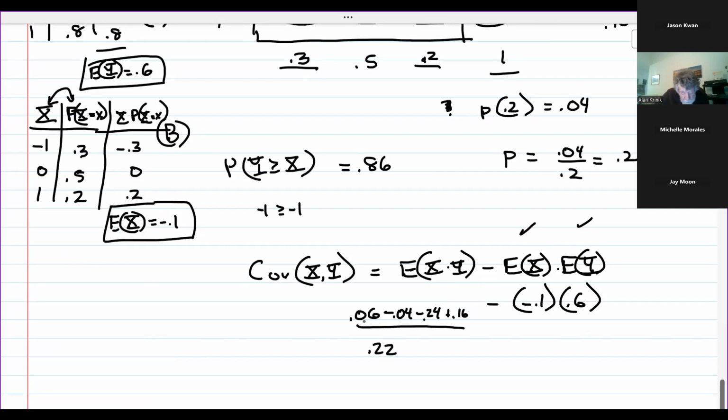And these add up to minus 0.28, I believe. Yeah. So together, you just get what? -0.06. So that's this, -0.06.